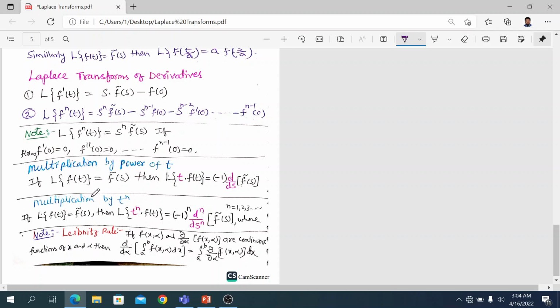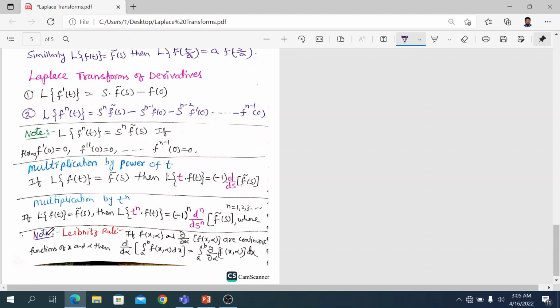Likewise, multiplication by t power of n. If Laplace of f of t is equal to f bar of s, then Laplace of t power of n f of t is equal to minus 1 power of n d power of n by ds power of n into f bar of s, where n is equal to 1, 2, 3 and so on.